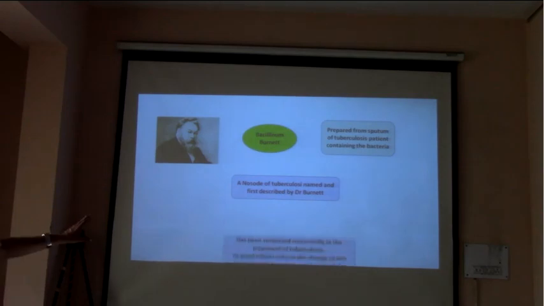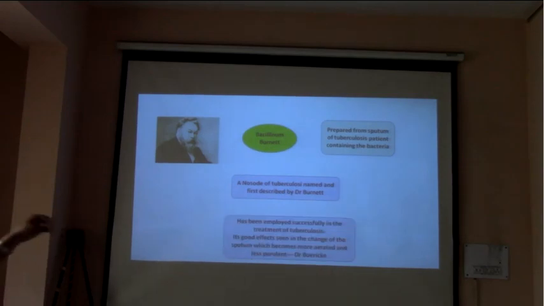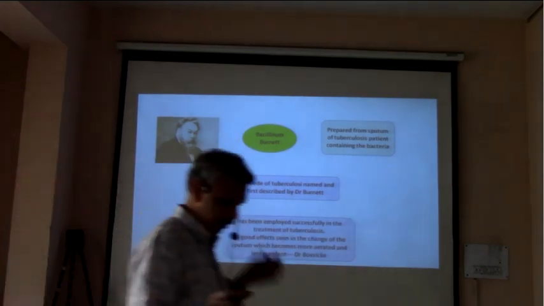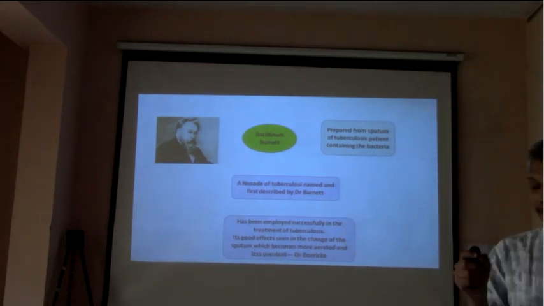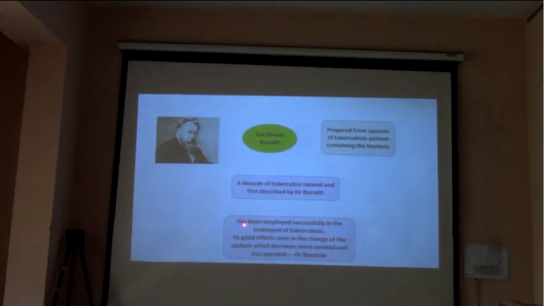So I've just taken a small quote, a small phrase from Dr. Boericke. Under introduction he says, Bacillinum has been employed successfully in the treatment of tuberculosis. Its good effects are seen in the change of the sputum, which becomes more aerated and less purulent.